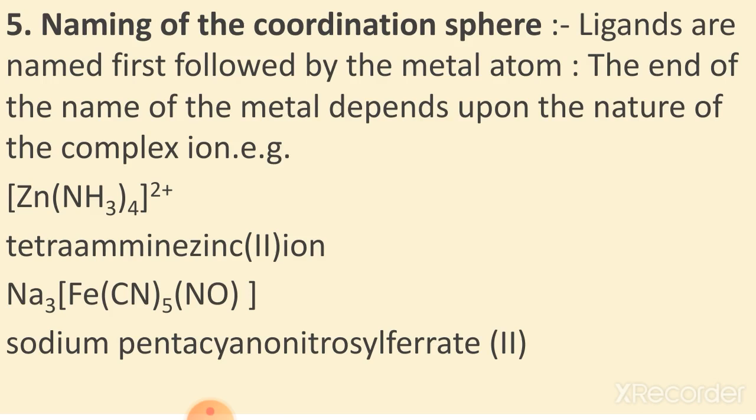The name of iron is basically ferrum in Latin, but the name of iron changes into ferrate. This is because this complex ion is an anion. So the ending of the name of the metal depends upon the nature of the complex ion. If it is positively charged or has zero charge, the name is written as such. But in the case of negative complex ions, the name is changed by adding -ate, either to the common name or to the Latin name, like this.